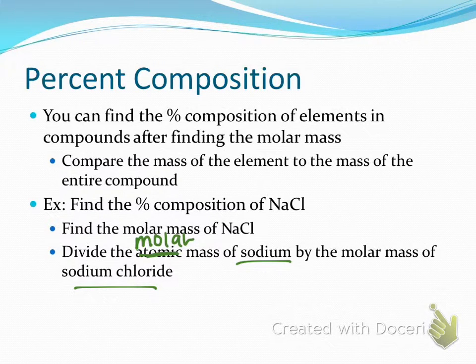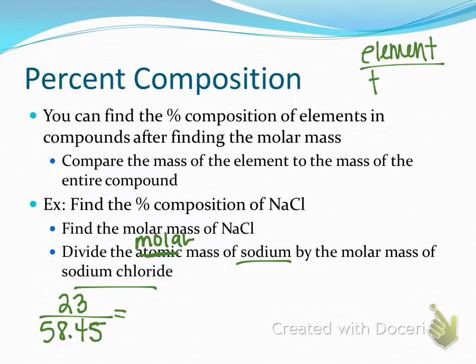Okay, so I know the total molar mass of sodium chloride is 58.45. I'm going to take the molar mass of sodium, which is 23, and I'm going to divide that by the total. So basically you're going to take the element divided by the total molar mass, and that's going to give you the percent of that element.